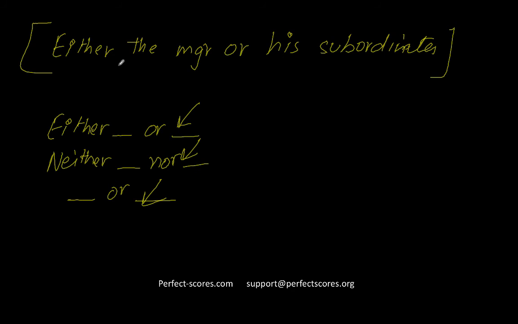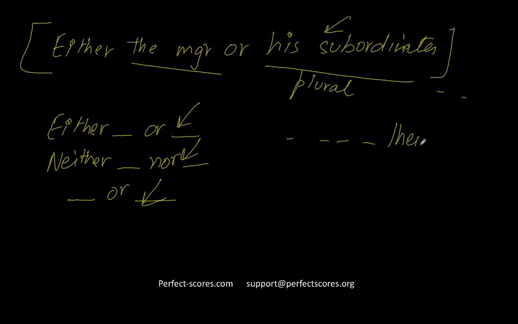For example, in this sentence, we have either the manager or his subordinates. If you look at the second one, it is plural. So whatever comes in the sentence, the pronoun that will be used for the subject will also be plural. For example, either the manager or his subordinates have lost their sense of humor.